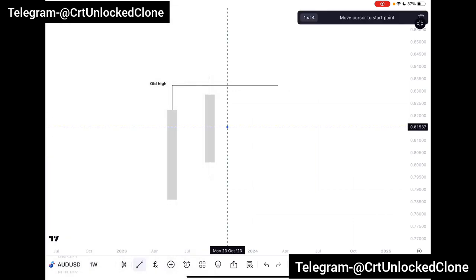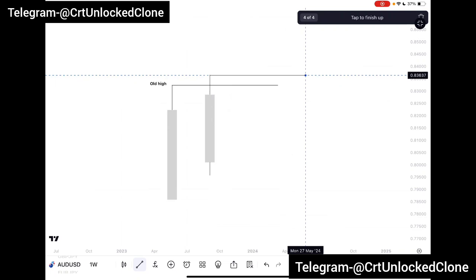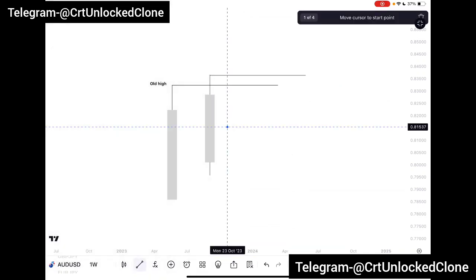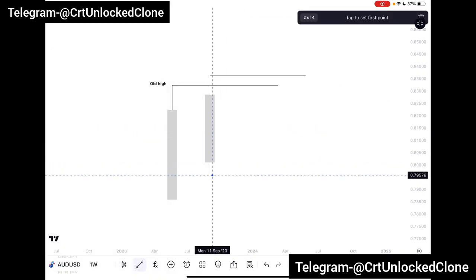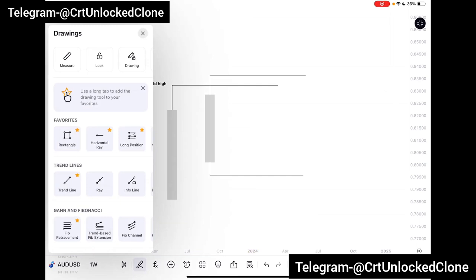Now this is the CRT candle, and this is the CRT high and this is the CRT low. So now we got our CRT high and low, and don't worry guys, you will definitely get what I'm going to convey to you.